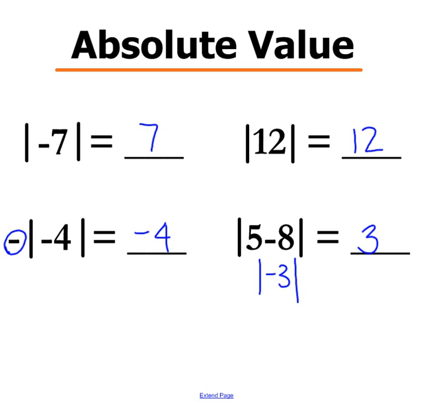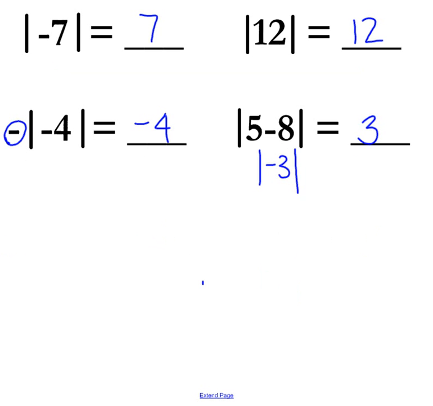What does that actually mean? What is absolute value? If you remember how we defined it last year, we defined it as distance from 0 on the number line. And this will go in your notes.